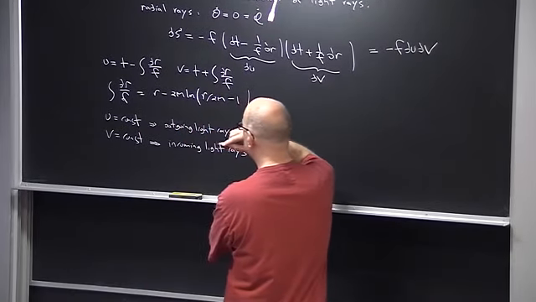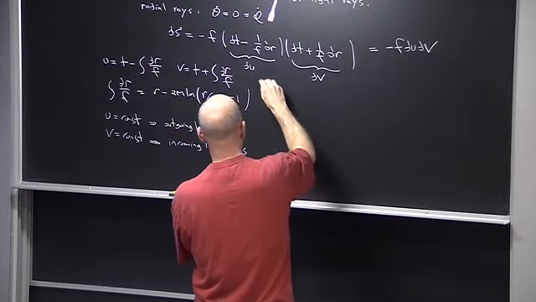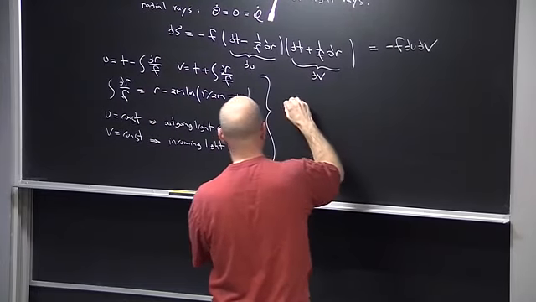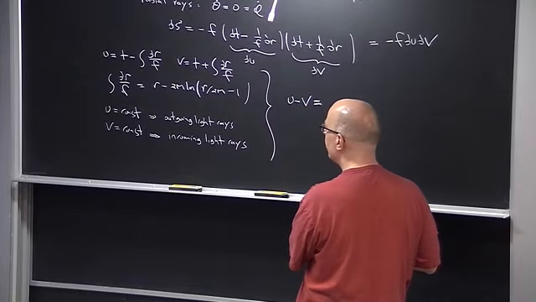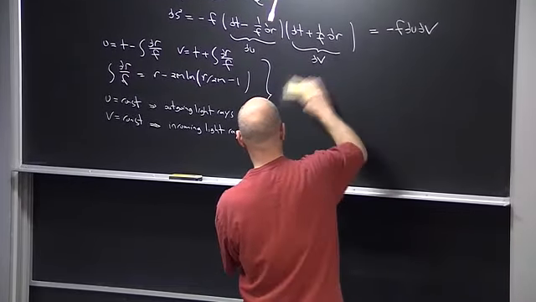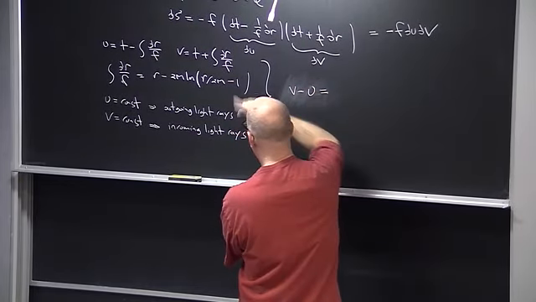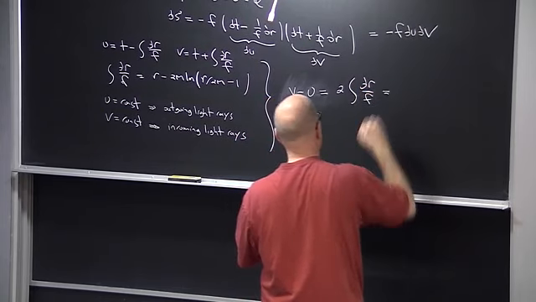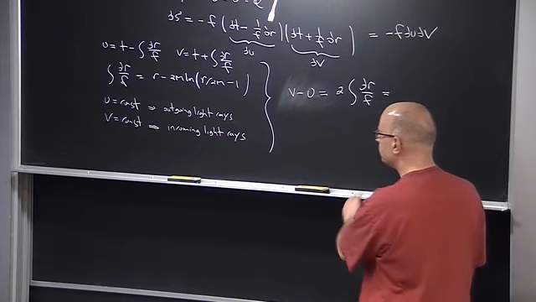In order to just think about this, one thing I can do is to take the difference between u and v to get rid of t. If I take the difference, I meant to do it the other way, v minus u, I get twice the integral, which is twice the expression that I wrote before.